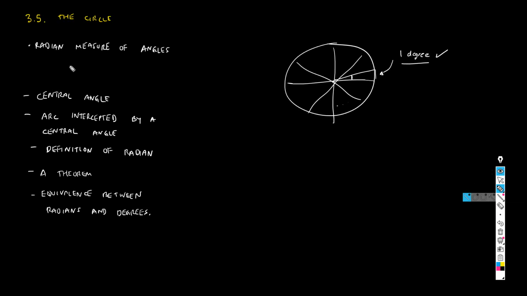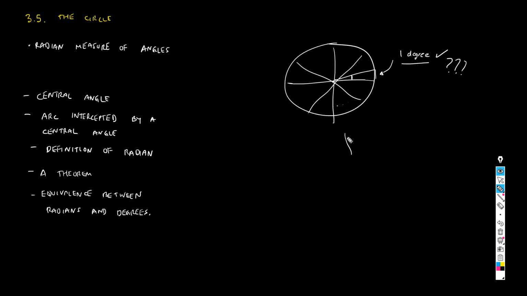Now, why is the radian important, or why did people think it necessary to create another unit of measurement for angles? The question was this: why was the degree not enough? Why do we have to invent another unit of measurement for angles? The reason is more or less the following.